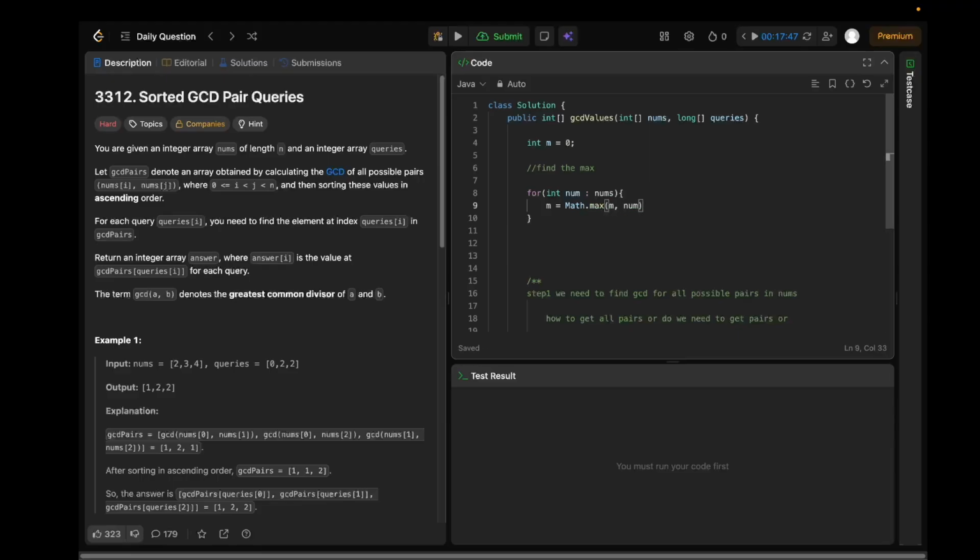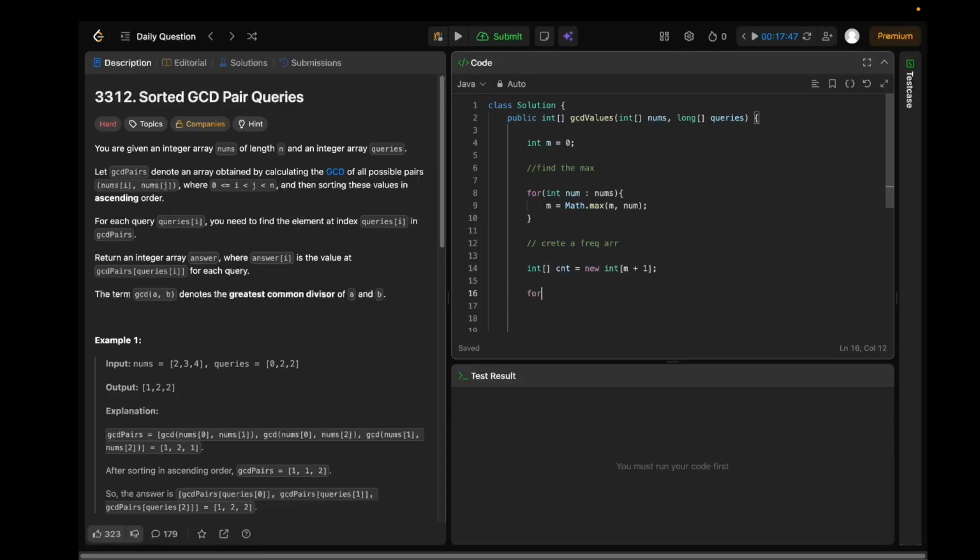This way we get the maximum value. Then we create a frequency array, integer array count equals new integer array of size maximum value plus 1. And then how do we fill the frequency array?